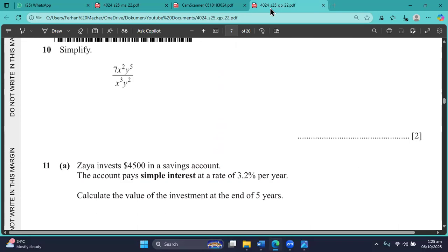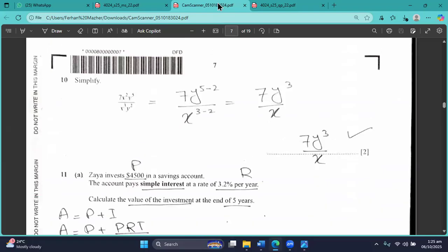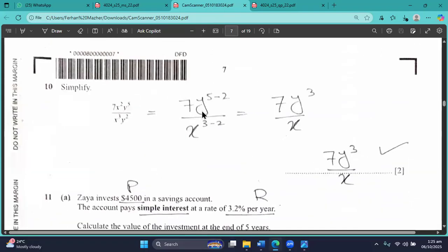He says simplify 7x squared y raised to power 5 divided by x cube y squared. So very simple question from the indices. So we can write it like this, y raised to power 5 minus 2, and in the denominator, because in the denominator the x has 3 power, in the numerator the x has 2 power, so I keep the x downstairs.